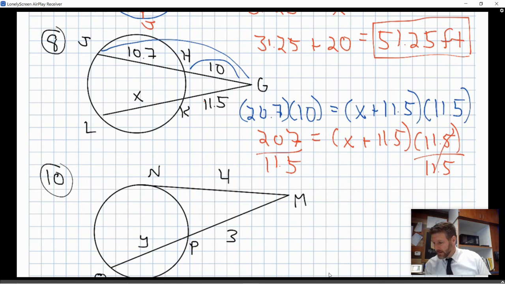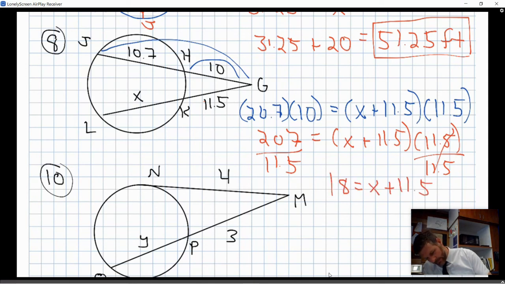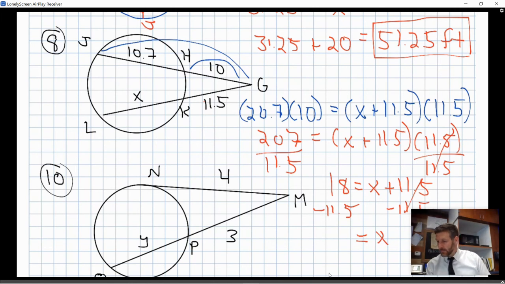Okay, and so we get 18. 207 divided by 11.5 is 18 equals x plus 11.5. So now we just need to subtract 11.5. And so we're left with x equals 6.5. Okay, so there's my x.